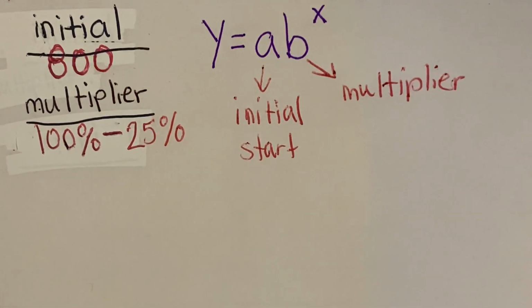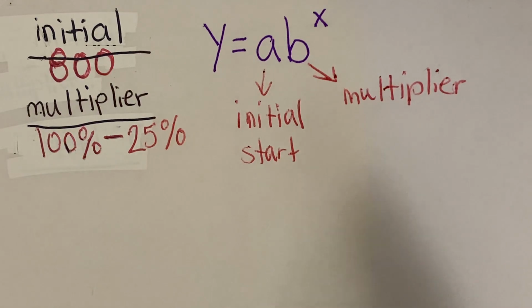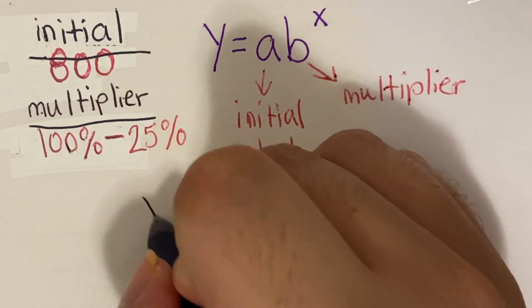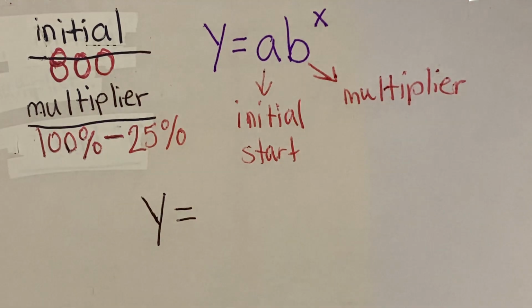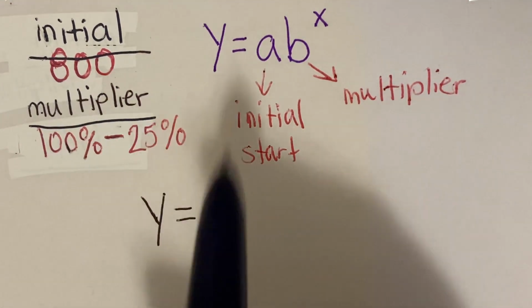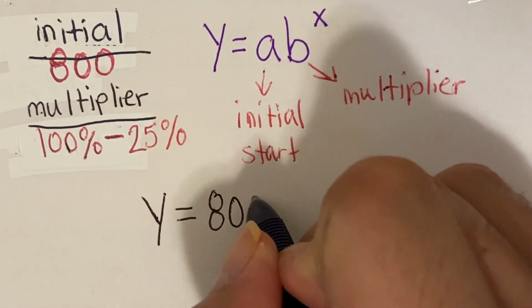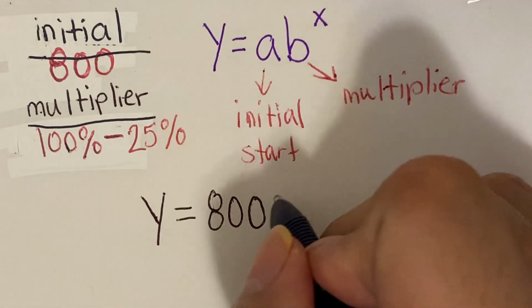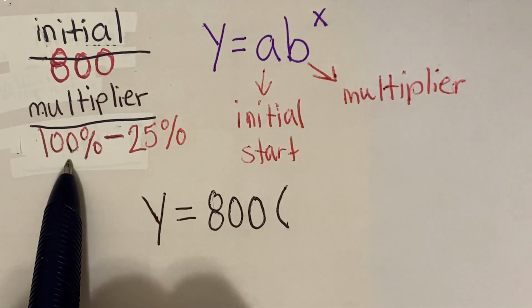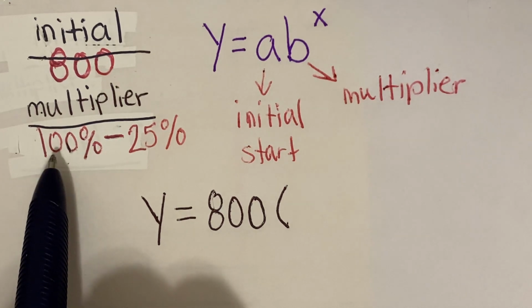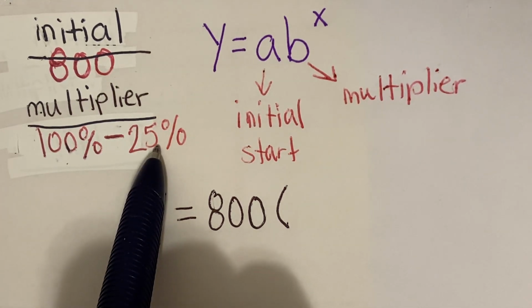So let's go down here. The word problem disappears. We're going to go ahead and start writing our exponential function. So it's going to be y equals, our initial value is going to be 800 milligrams. That's how much medication she took. And then open parentheses, our multiplier goes inside the parentheses, and again we are doing 100% minus 25% because our word problem says that the medicine is dissolving a quarter each hour, I think it says.